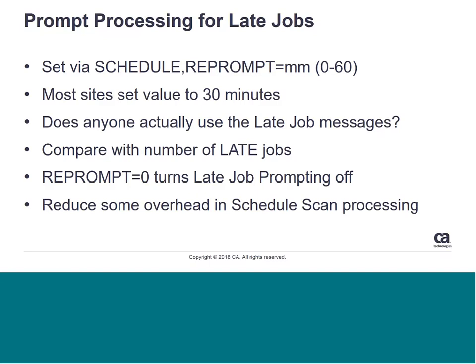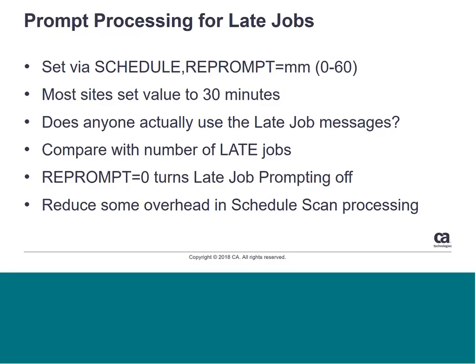So what you need to ask yourself is, well, if I have a lot of late jobs and I generally tend to ignore late job messages, maybe I ought to just turn off the reprompting or the prompting function. That will save you a fair amount of overhead in the actual scheduled scan processing.